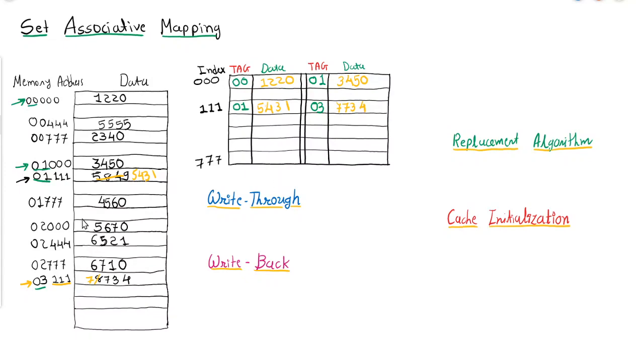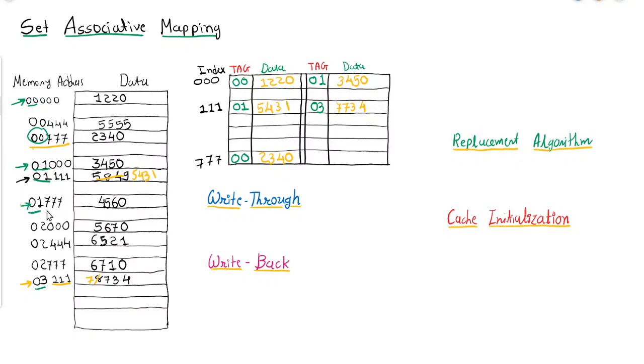Now if we discuss the last index, let's say 777, 2340. First the tag will be stored, that is 00, and then the value 2340. Again the CPU is executing, let's say, this instruction.